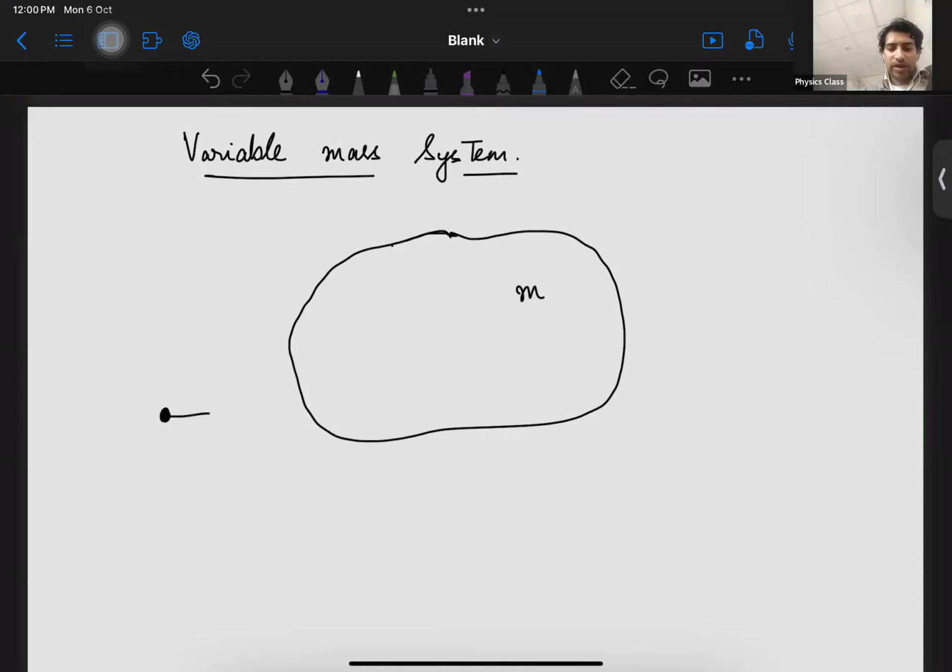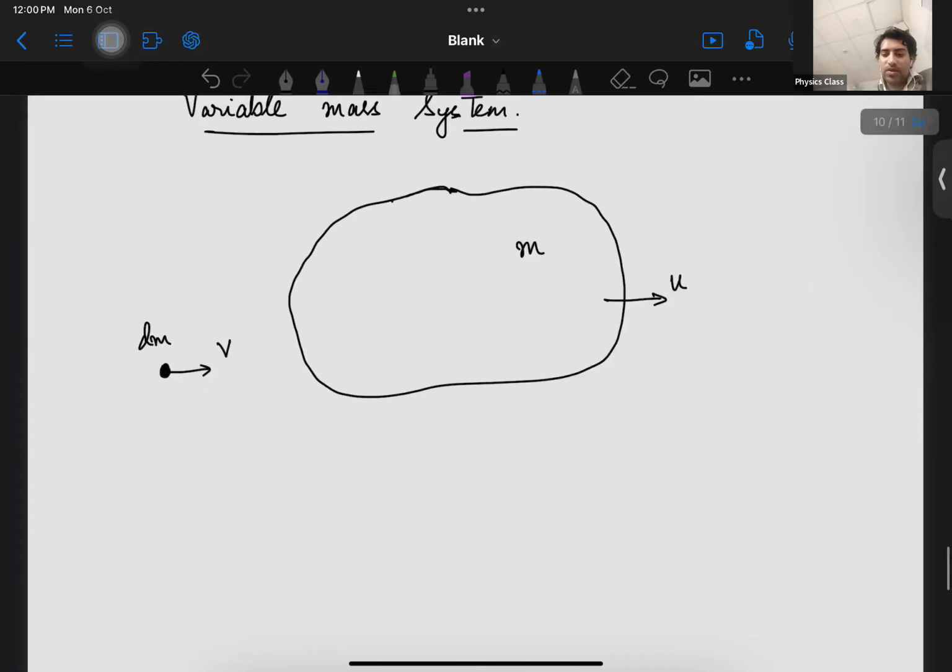A small particle over here has a mass of dm, which is now going to join the system. And what is the velocity with which this one is moving? Let's say that this dm has a velocity of v, where v is greater than u.